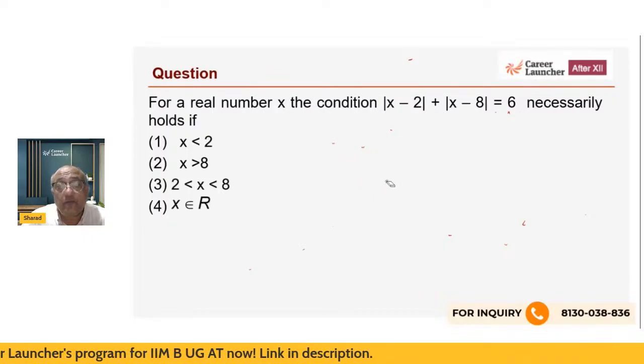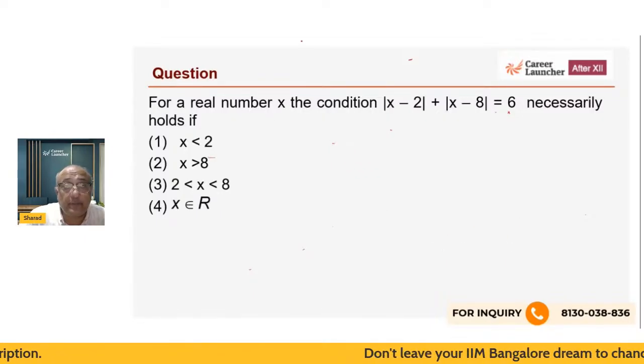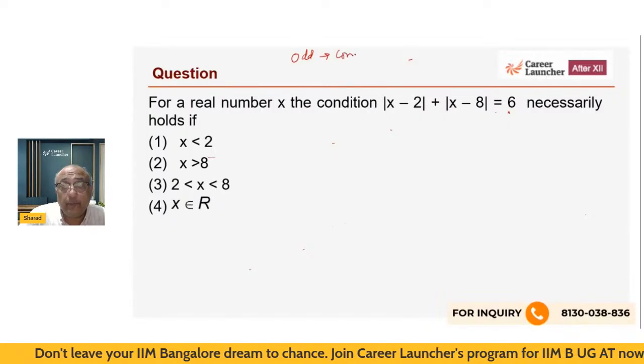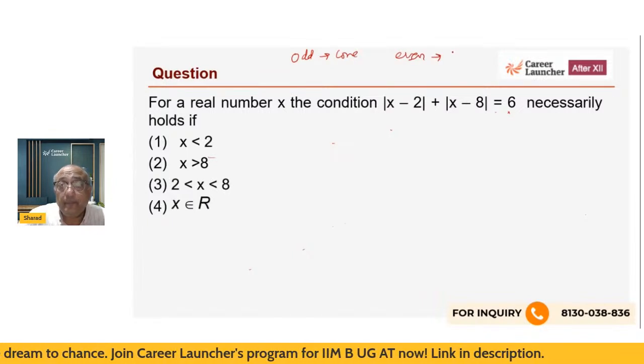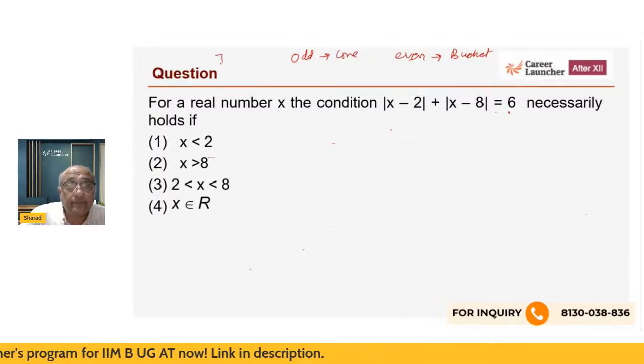In the case of an odd number of mods, I'll get a cone. So what should you remember? Odd means cone, even means bucket. So this is our jugaad, an efficient method.